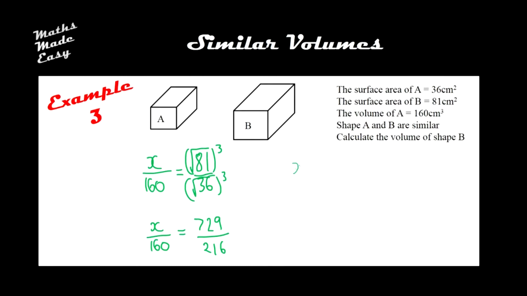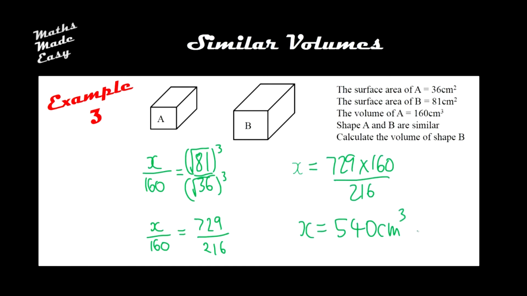So x equals 729 multiplied by 160 and divided by 216, and if you type that into your calculator you will end up with 540 centimeters cubed.